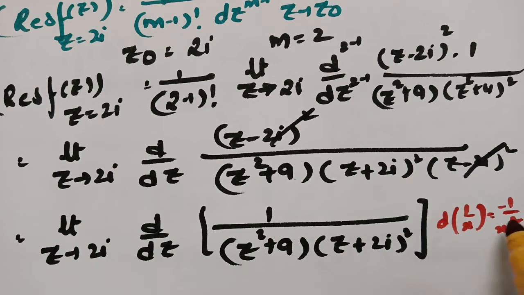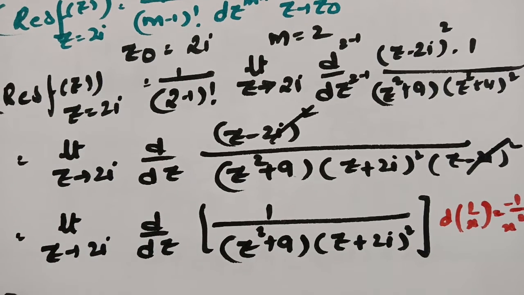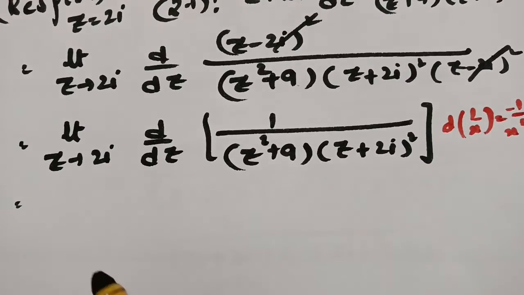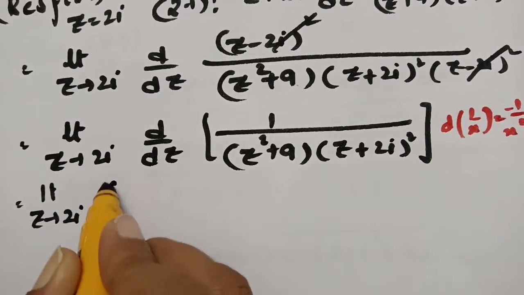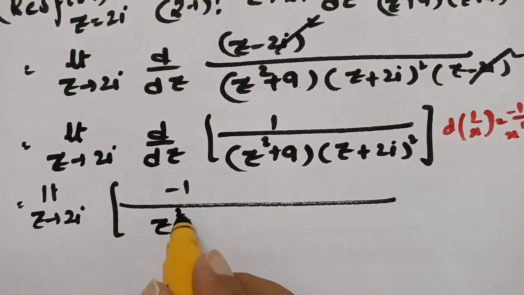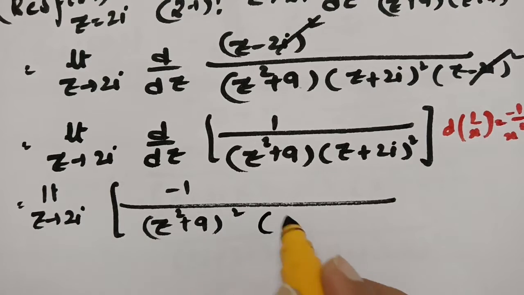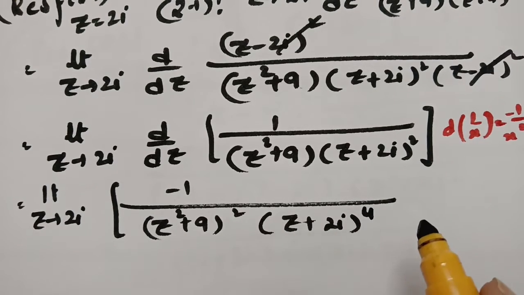So the derivative of this is, limit z tends to 2i, minus 1 by (z square plus 9) whole square and (z plus 2i) whole power 4.